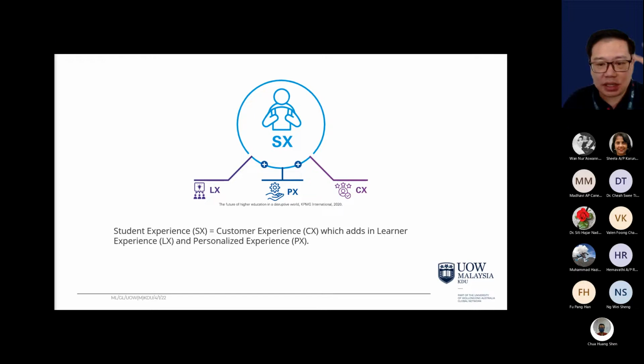Learner experience is the experience of you as a learner. For you to learn, you need to go through the process. Customer experience is the key thing that you buy. You buy knowledge. Personalized experience is the challenges or the interaction that you have with all the support systems.